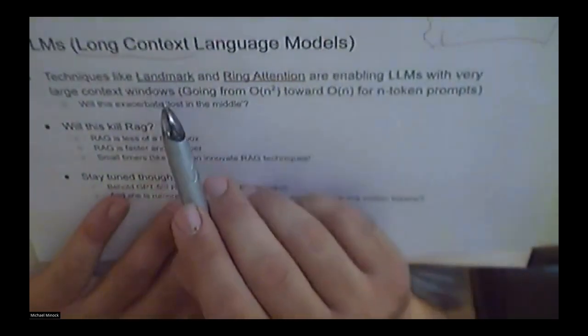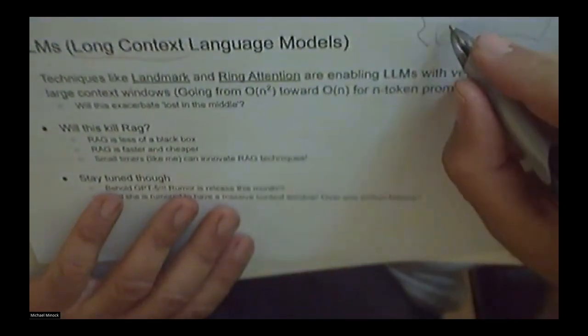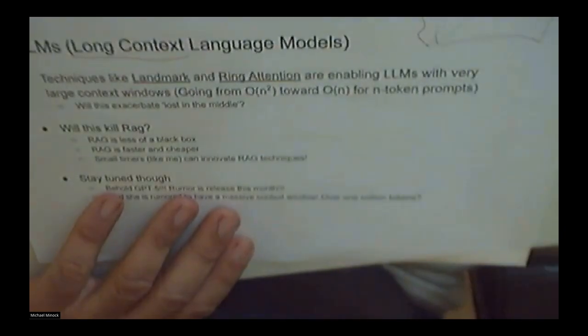But landmark and ring attention are kind of allowing this idea: if you look at Moby Dick, call me Ishmael, and then we have some word way out, deep into Moby Dick, about them drinking rum and some kind of port.